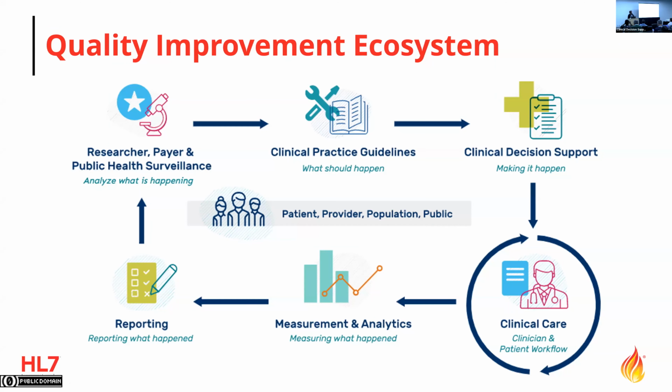We typically start talking about this by looking at the quality improvement ecosystem. We've also heard this talked about as a learning health system or continuous quality improvement of healthcare.